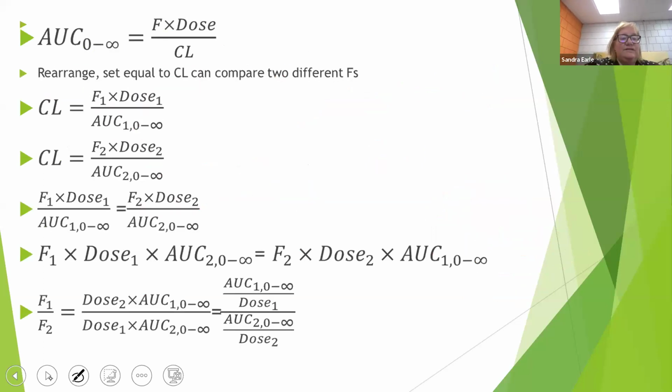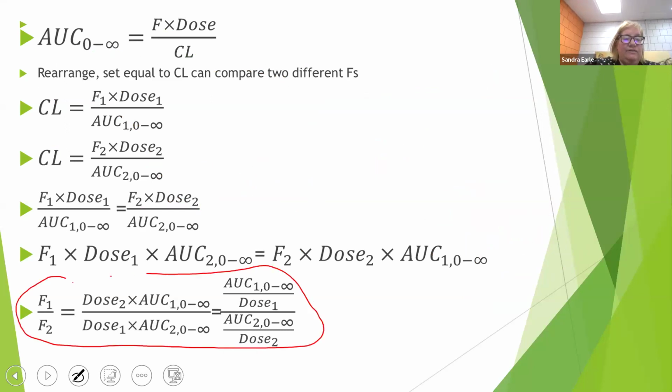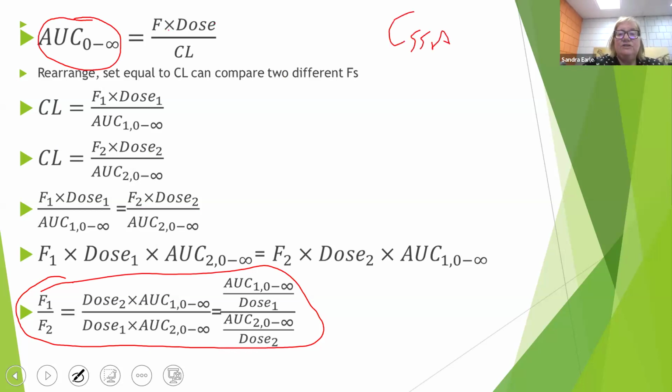I'm not going to go through all this. I just show you how you're going to then get to relative bioavailability. So I do want to talk about this. The area under the curve from 0 to infinity can be calculated using bioavailable dose over clearance. Notice it's very close to our Css average equation, which is a bioavailable dose rate over clearance. You can see the difference here is this is area under the curve, this is Css average, this is dose, and this is dose rate.